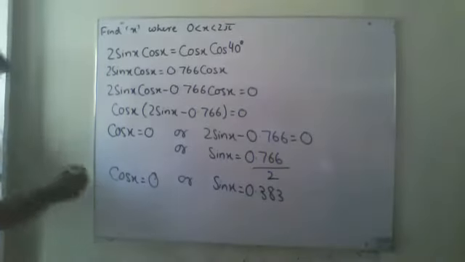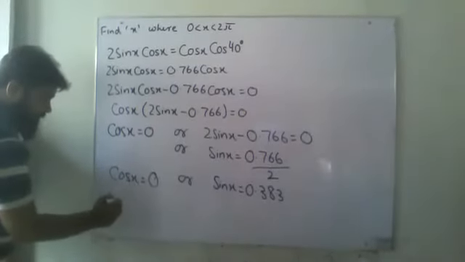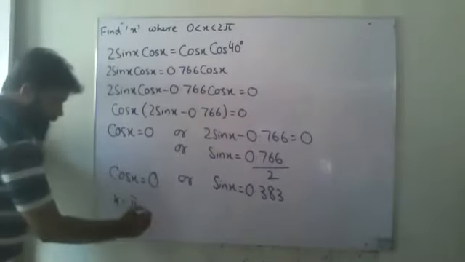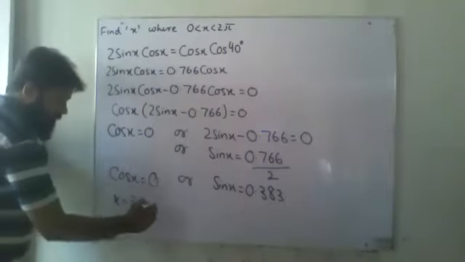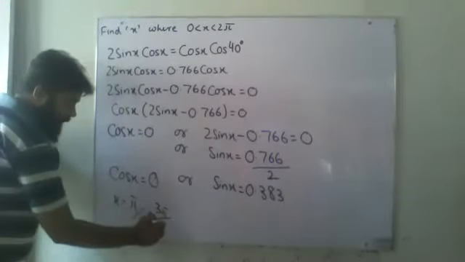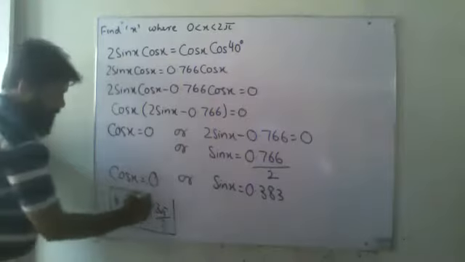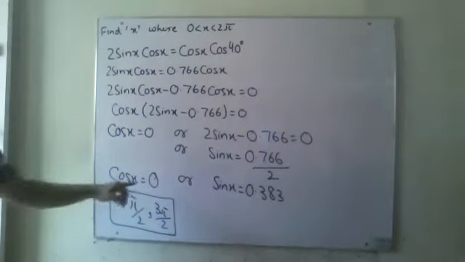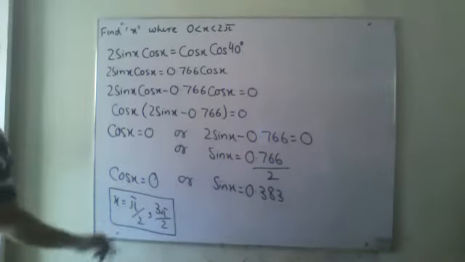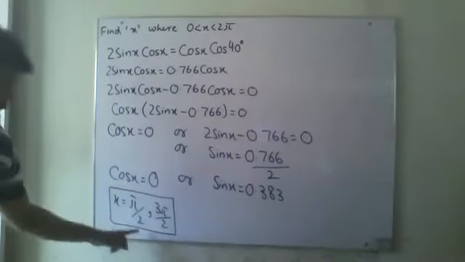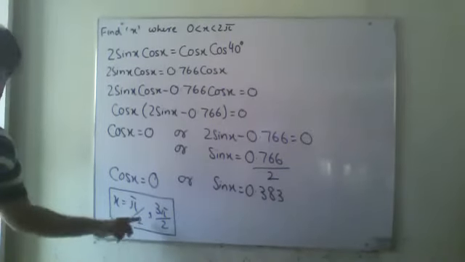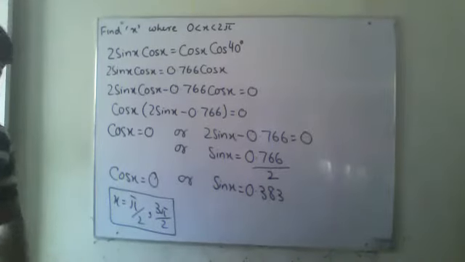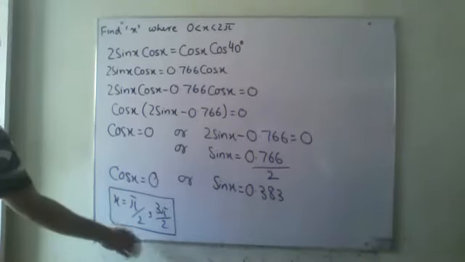I will write them in radian form: 90 becomes pi over 2 and 270 degrees becomes 3 pi over 2. I have done it directly, otherwise you know the drill: you go through all four quadrants and find the values, repeated values will come, but the final answer will be the same as written here. I remember the graph, so I have written it directly.